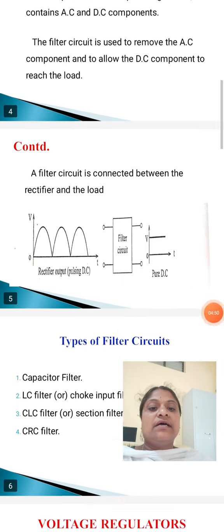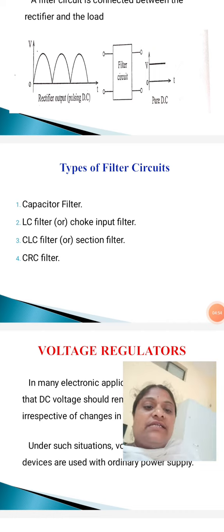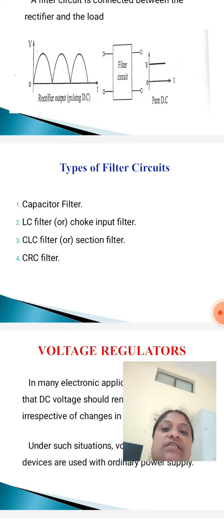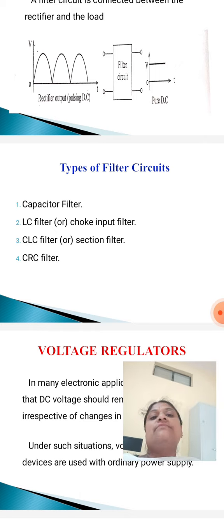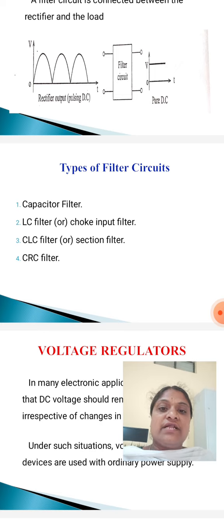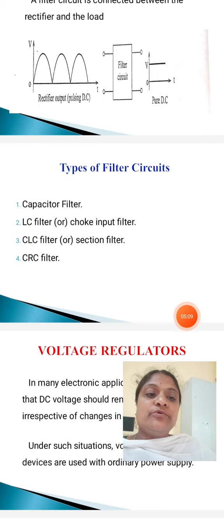And next, what are the types of filter circuits? Filter circuits are basically four types. Okay. First one is the capacitor filter. Second one, the LC filter. The LC filter is also known as the choke input filter.